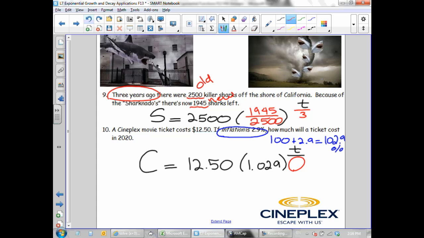I'll edit the question. A Cineplex movie ticket costs $12.50 right now in the year 2013. In the year 2020, so does that help? Yes. So what that should help with is, because it's currently 2013, then 7, it's 7 years. So 7 this year.